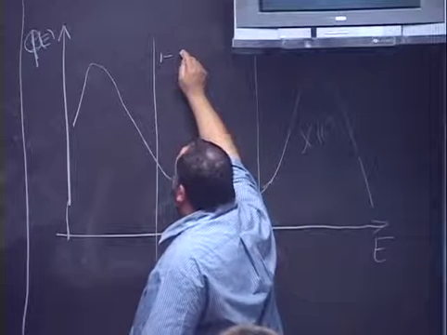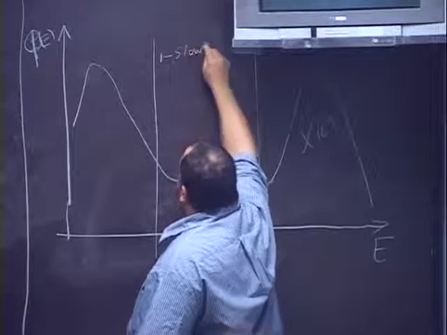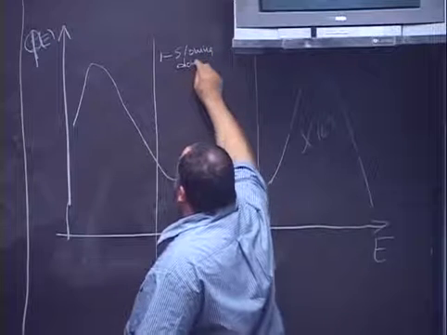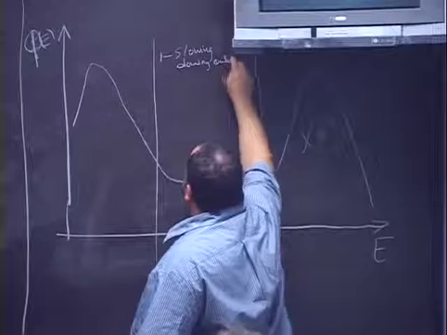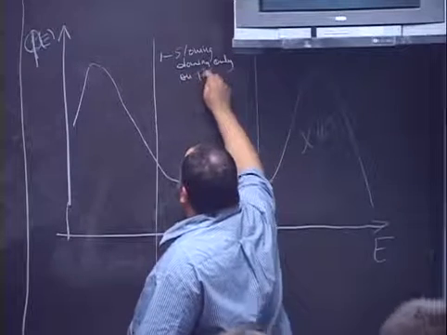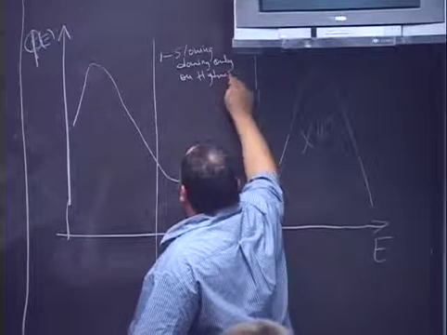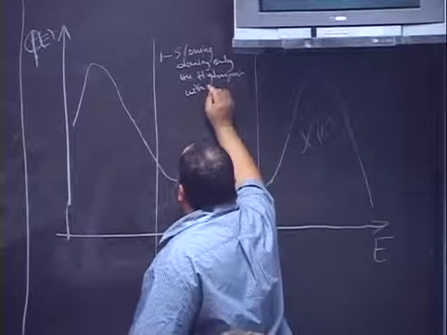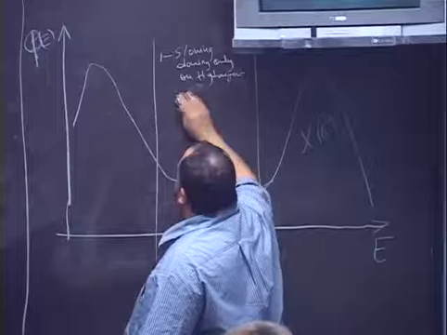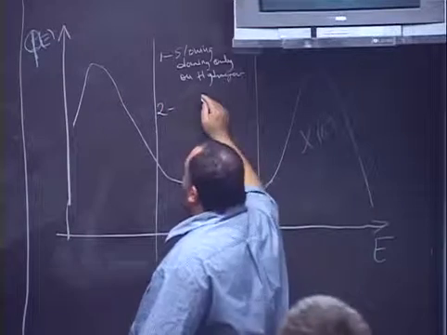And the first case was what? Slowing down only on hydrogen. It was with absorption, I think. Then the second case was what?